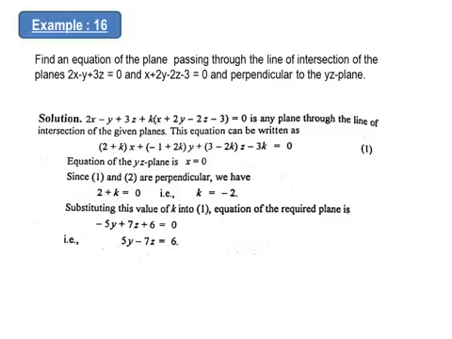Substituting the value of k into 1, the required equation of the plane, which is obtained from the line of intersection of the two given planes and is perpendicular to the yz plane, is minus 5y plus 7z plus 6 equals 0. That gives 5y minus 7z equals 6.